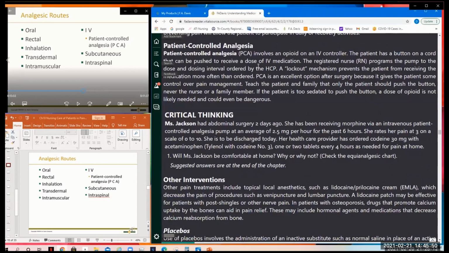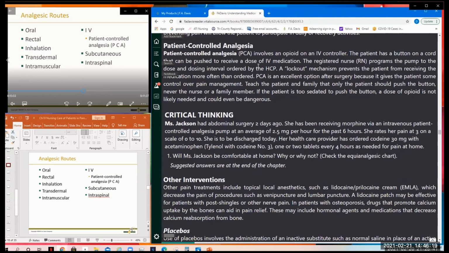Patient-controlled analgesia. Patient-controlled analgesia, PCA, involves an opioid on an IV controller. The patient has a button on a cord that can be pushed to receive a dose of IV medication. The registered nurse, RN, programs the pump to the dose and dosing interval ordered by the HCP.